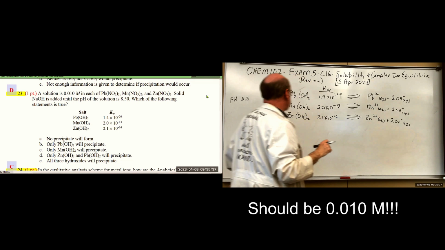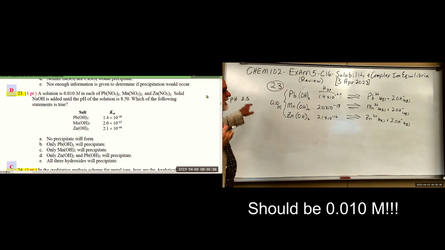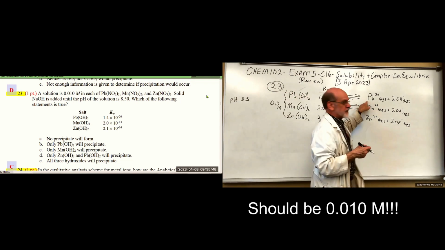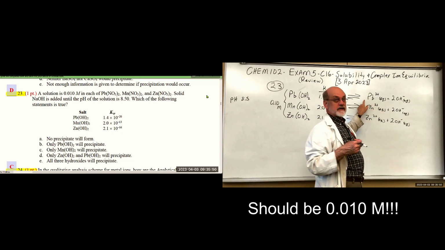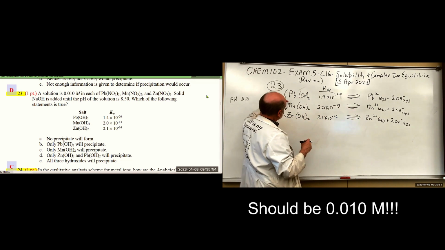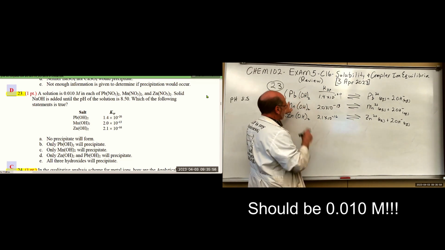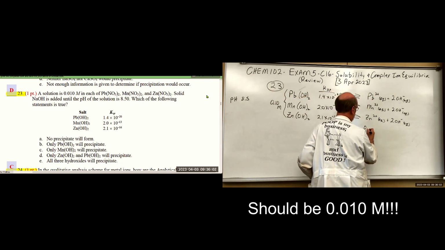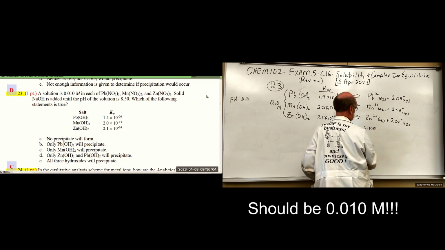Okay, so these are the only ones that are given at 0.1. So if it's 0.1 molar for this, this, or this, then for every one of these, you get one of those. So the concentration of each one of these is 0.1 molar.